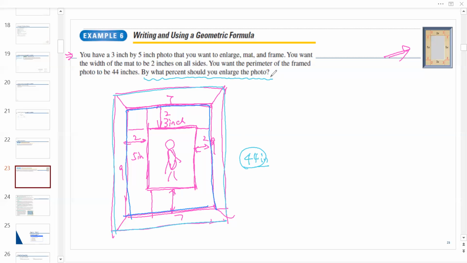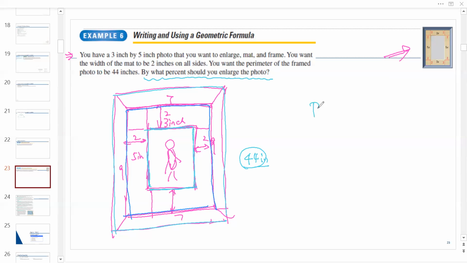Okay, so you can see here, the picture of this part is what? You can see here is 3, here 5, here 3, here 5, right?